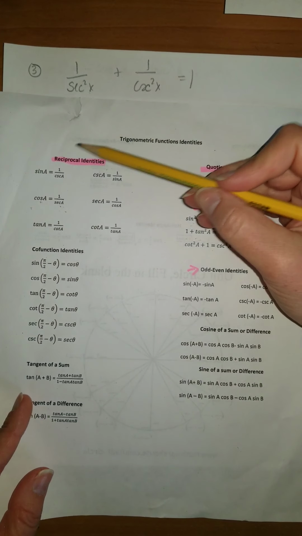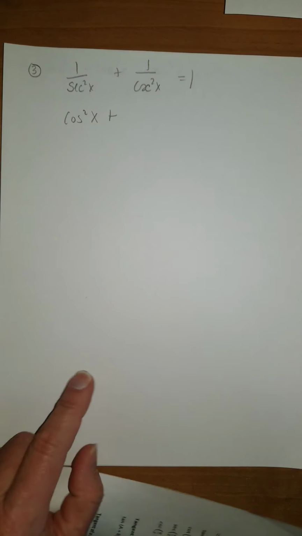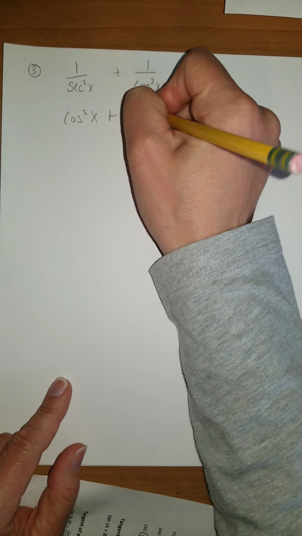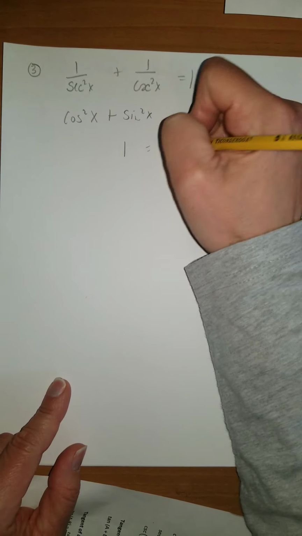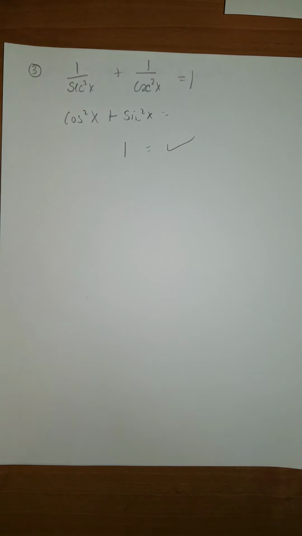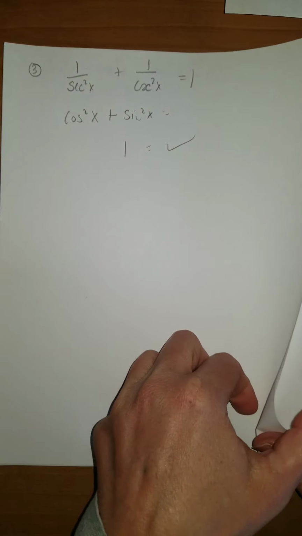Plus 1 over the cosecant squared. Well, if 1 over the cosecant is sine, wouldn't 1 over the cosecant squared be the sine squared? All right, what's the sine squared plus the cosine squared? That's 1. So that's done. That was super simple. Question 3. Gosh, I hope they all are that simple, right, you guys?